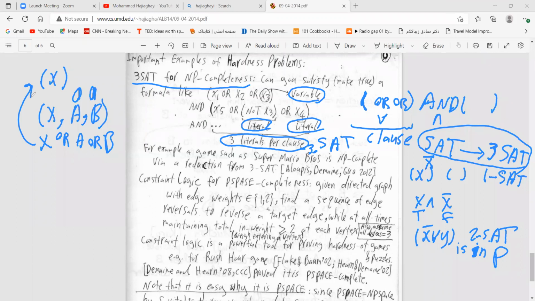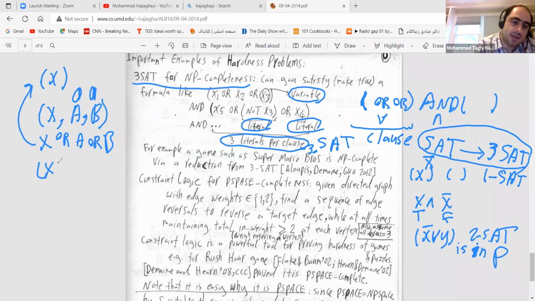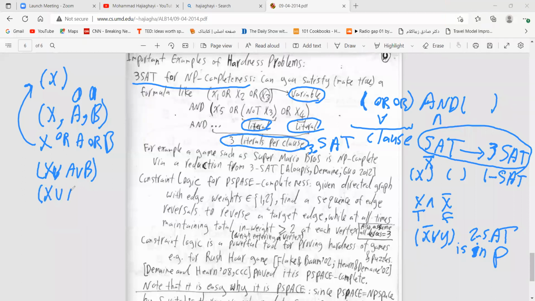Yeah, you can use A bar, and B bar. So essentially we put x, A, B, that's one clause. That one is not enough. We cannot force it, but we can force it essentially like this.